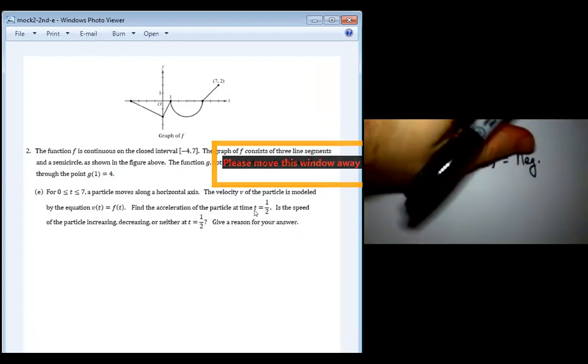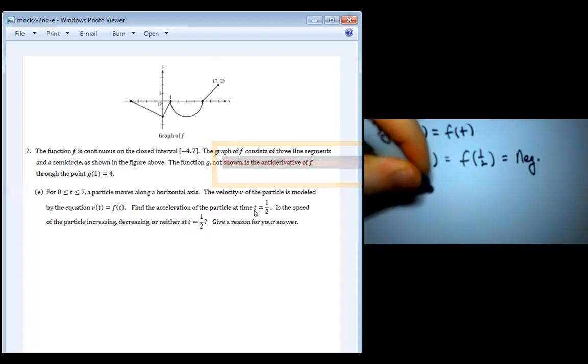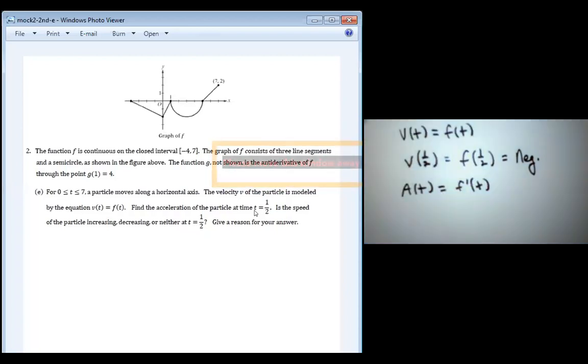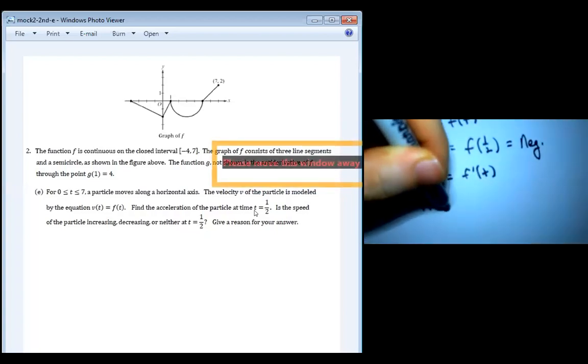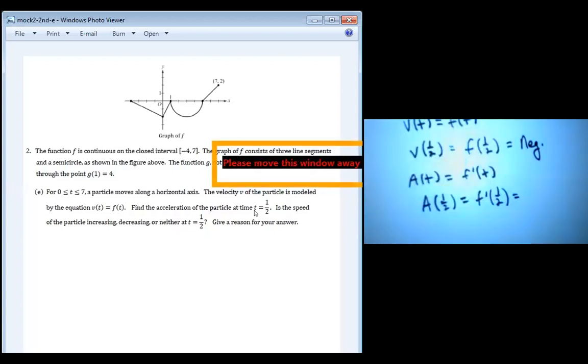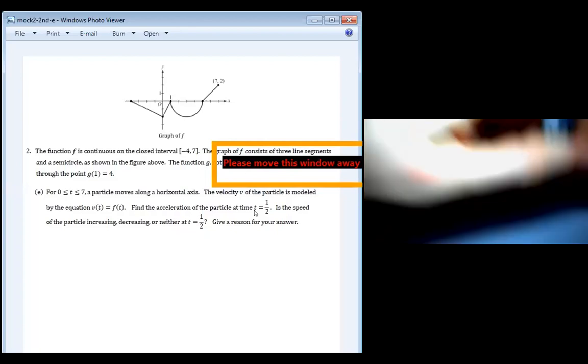Okay? And then to find a, we take the derivative of v. So a at t is equal to f prime of t. So a of 1/2 is equal to f prime of 1/2. What do we know about f prime of 1/2? F prime of 1/2 is the slope of that line, and the slope of that line is positive.